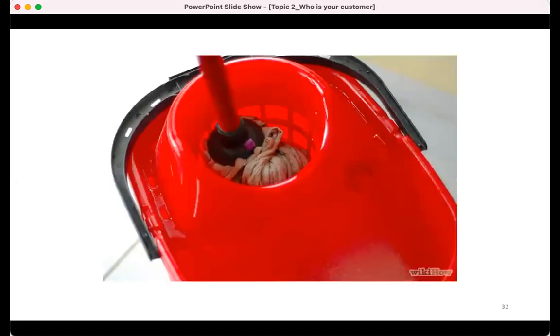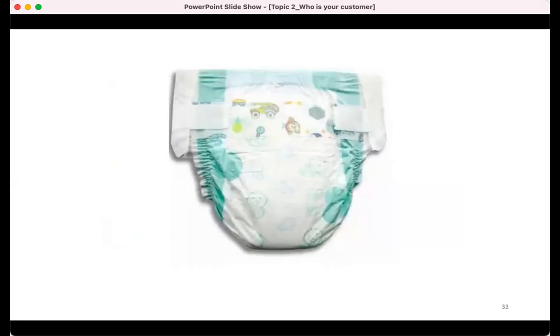Now you have to squeeze the mop after you mop, do some actions, and then you probably have to change the water. These are some of the tedious things that a housewife has to do after cooking, when she decides to clean her kitchen floor. Now, as an entrepreneur, this is not a slide by mistake.